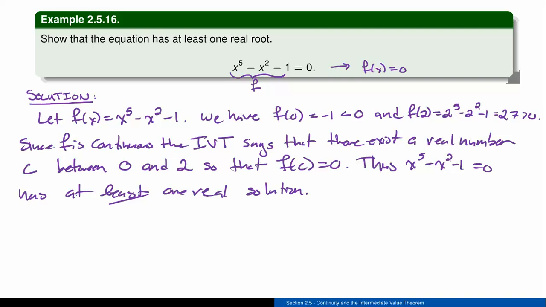You've shrunk that little window you're looking at. And you could keep that process going over and over again, changing the bounds, as long as you keep that sign switching happening. If you keep shrinking your intervals into smaller and smaller things, at some point you're going to be in a very, very tiny window, which is going to give you a pretty accurate representation of this 0.